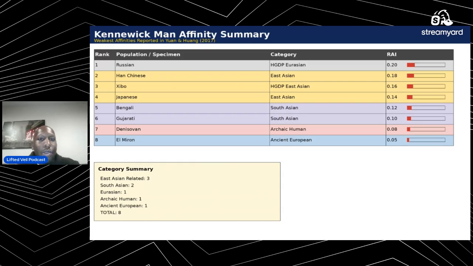So as I move forward, we're going to find out what other characteristics of Kennewick Man in terms of his autosomes that he showed. And I'm going to put this together. So just keep in mind that he didn't share affinity with modern Russians. This is going to come into play later. And pretty much all East Asians, he didn't share affinity with.